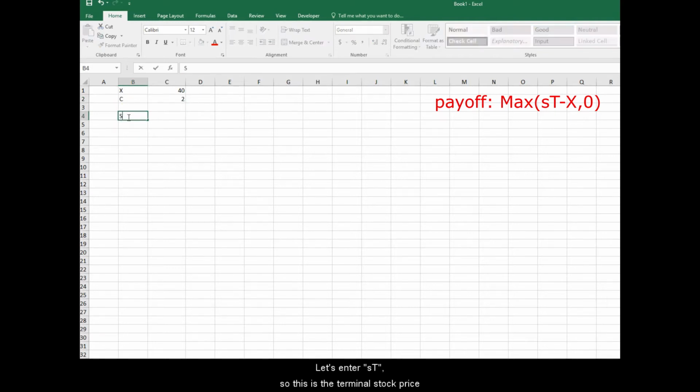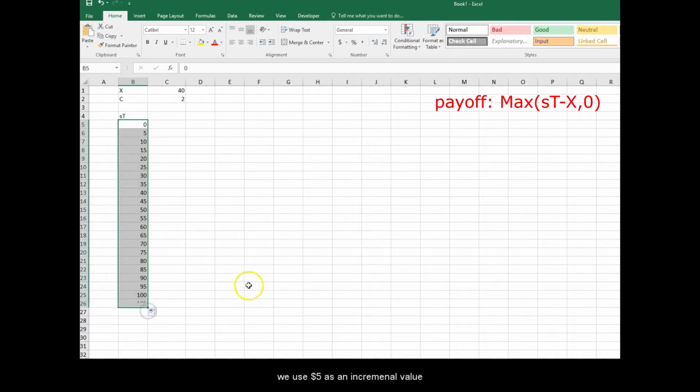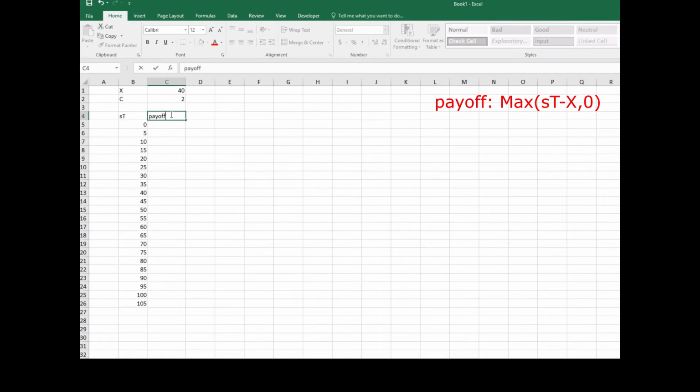So let's enter ST. So this is terminal stock price 0 and 5. We use $5 as an incremental value. Copy and paste. So this is payoff. Payoff for a call option buyer.